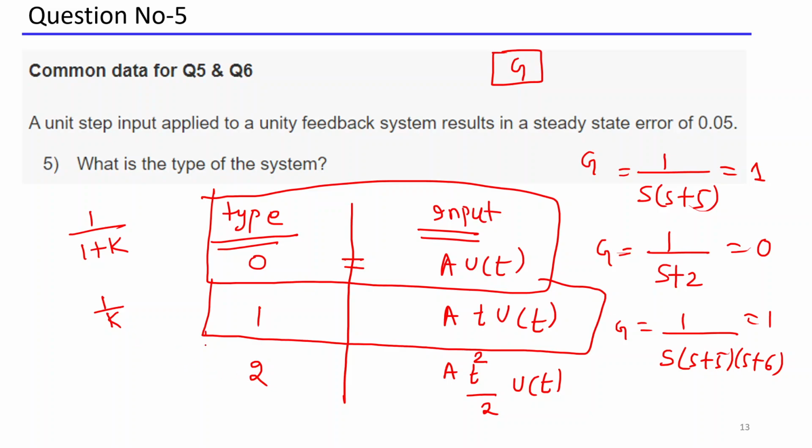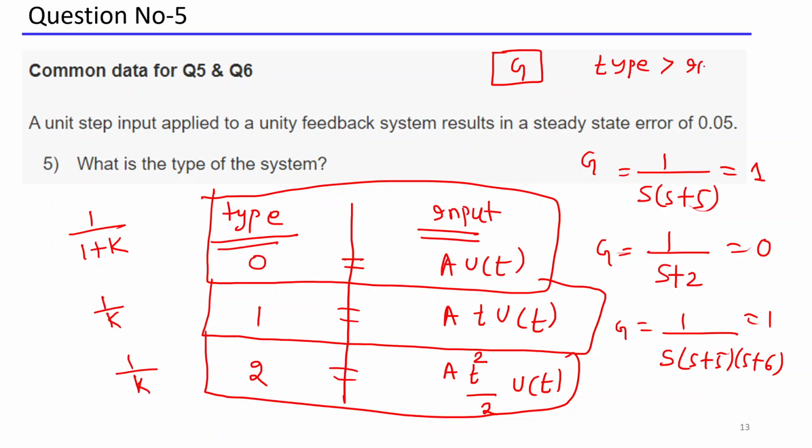If for type 2 these two are matching, then again the answer will be 1 by k. But in some cases, the type is greater than input, or in the other case, the type is less than input.